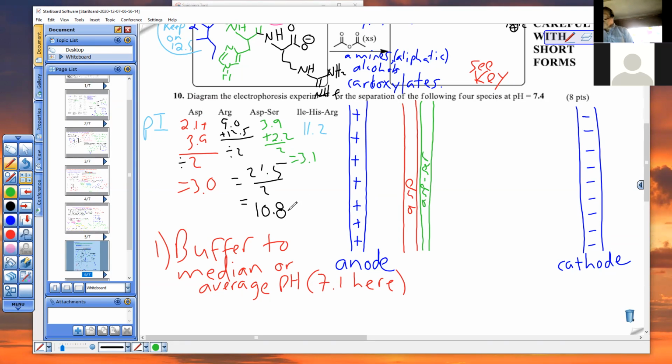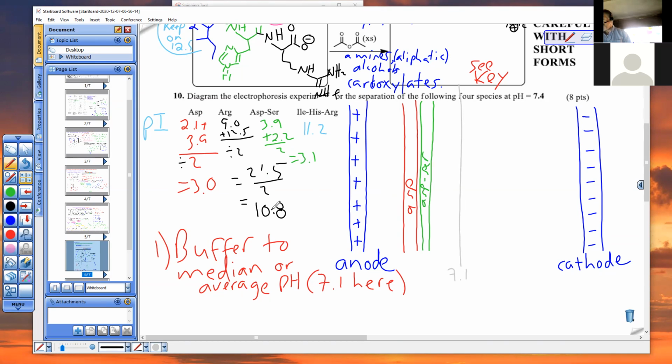And then 10.8, where's the middle of our experiment here? We have a nice gray. We never use gray for anything, but the middle's about right there. And we're going to be about the same. Let's see, the difference between 3.1 and 7.1 is 4.